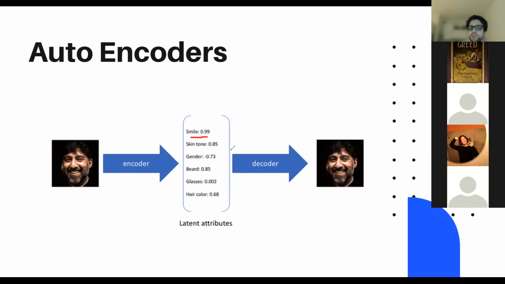We have skin tone, 0.85. We have gender, minus 0.73. We have a beard. We have glasses, close to 0 because he does not have any. We have hair color, 0.86, which kind of represents black for the model. And then what the decoder is going to do is just look at this information and try to draw a new face that corresponds to these features.